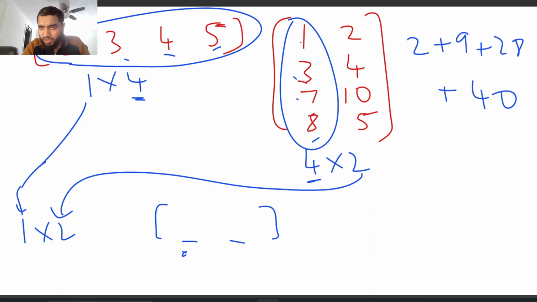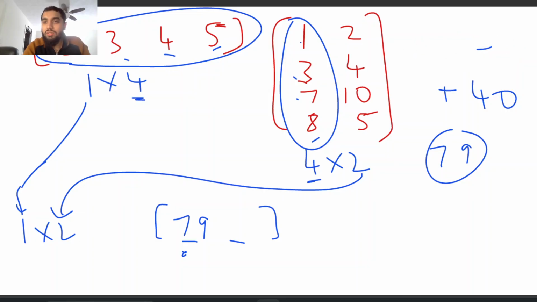Add them up, what's that, 11, 39, 79. So we get 79 for that.